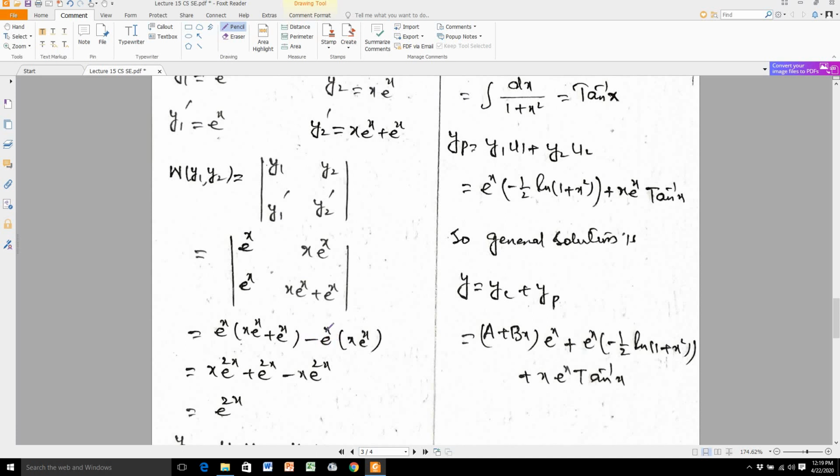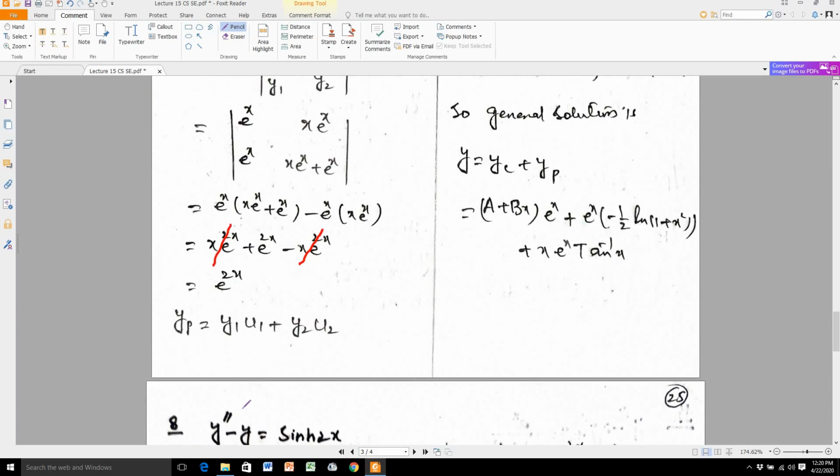Now I multiply this e raised to the power x with the interior terms. So I get x e raised to the power 2x by using exponent properties, plus e raised to the power 2x, minus x e raised to the power 2x. Now you see that x e raised to the power 2x cancels with the other x e raised to the power 2x. The remaining term is e raised to the power 2x. So the Wronskian is equal to e raised to the power 2x.